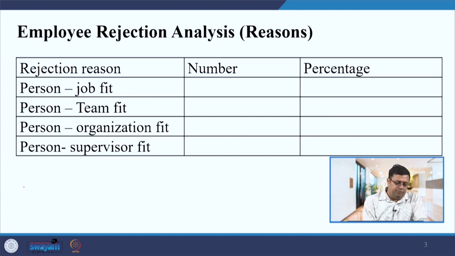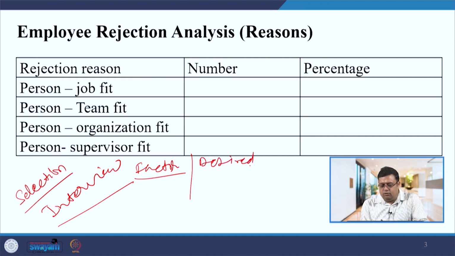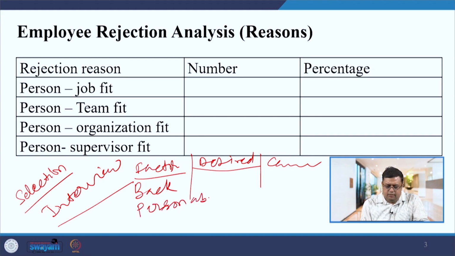If you look at this selection sheet, or I can say interview sheet, on one side you will see factors like criteria, then the desired level, what the organization needs in the candidate, and the candidate's characteristics. A factor could be related to background, to ability, or to personality.